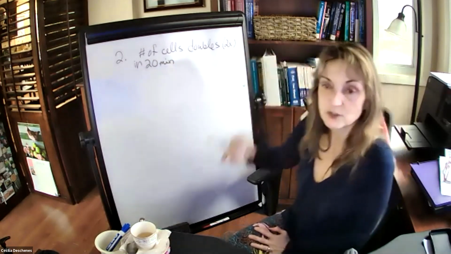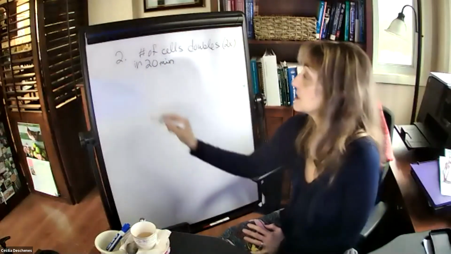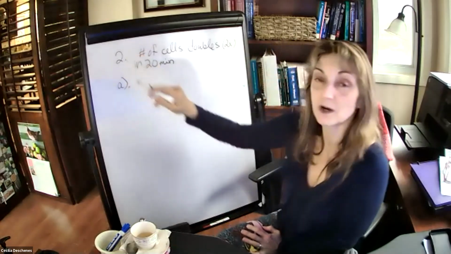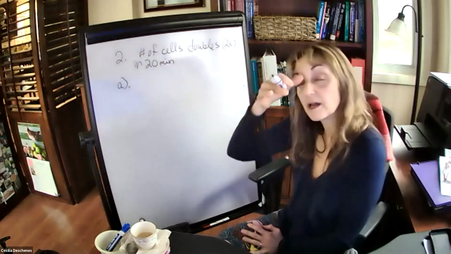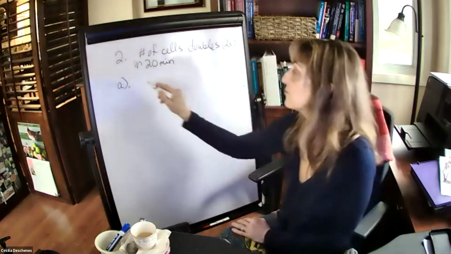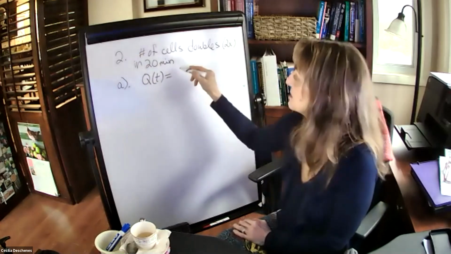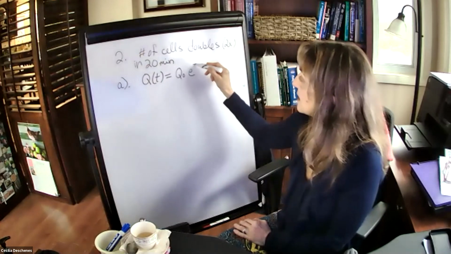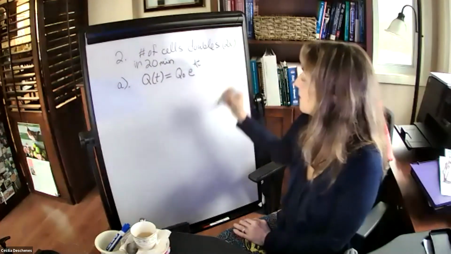All right, so the first thing we're told is that the initial cell population is 100. Now remember in the back of your mind, whenever you have any kind of mathematical model for exponential growth or exponential decay, you're going to have to fill in all the missing pieces to the form initial times e to the, in this case growth, so positive kt.